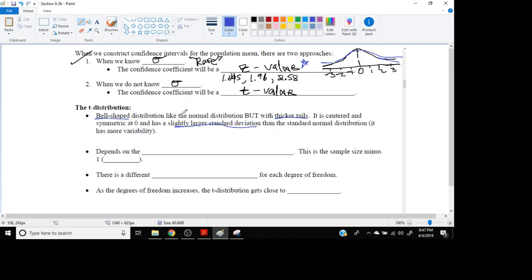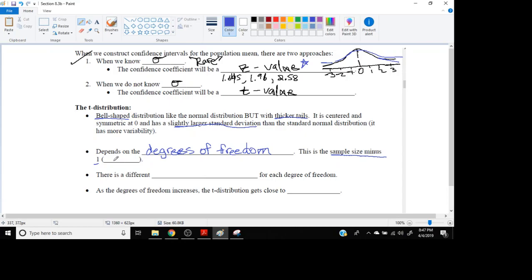The T distribution depends on what we call degrees of freedom. A degree of freedom is basically the sample size minus 1. That's what we're going to classify as the degrees of freedom. It is defined as the sample size minus 1.